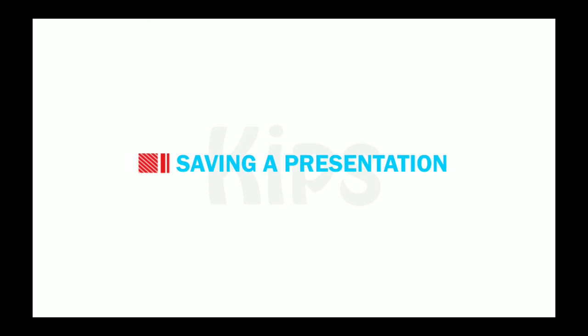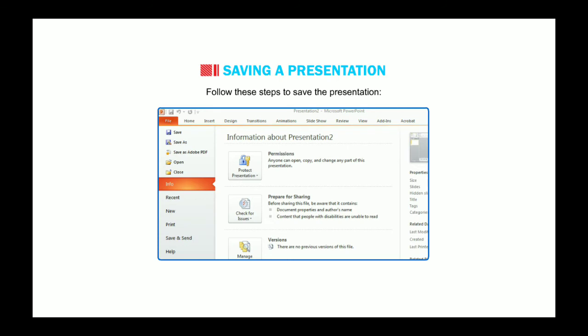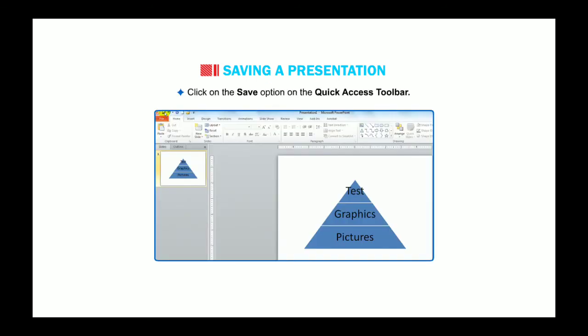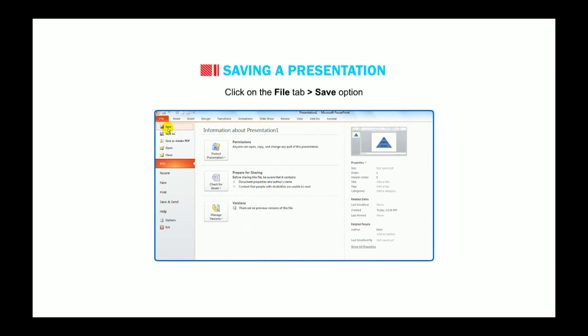Now, saving our presentation. To save our presentation, we can follow these steps. Click on the Save option on the Quick Access toolbar. Or click on the File tab, then the Save option. This is the second method.